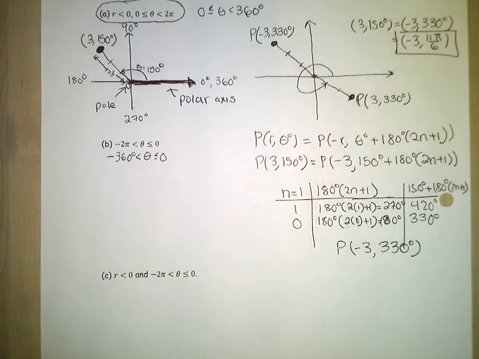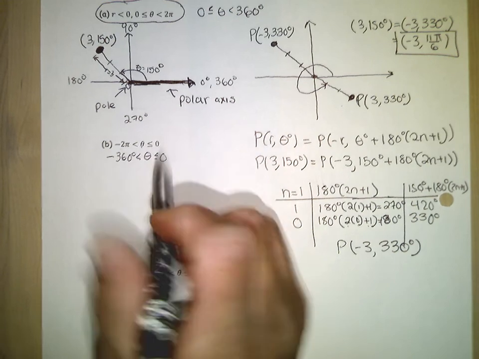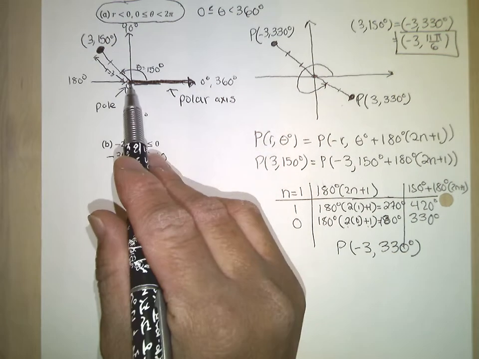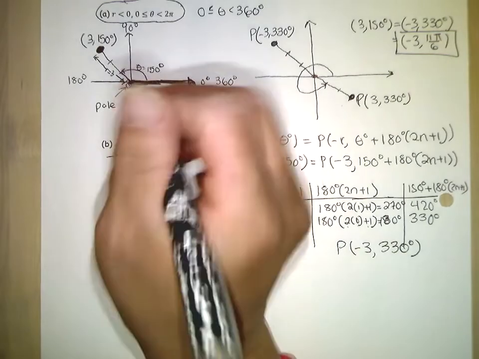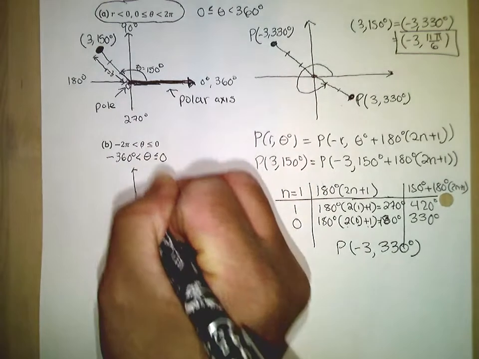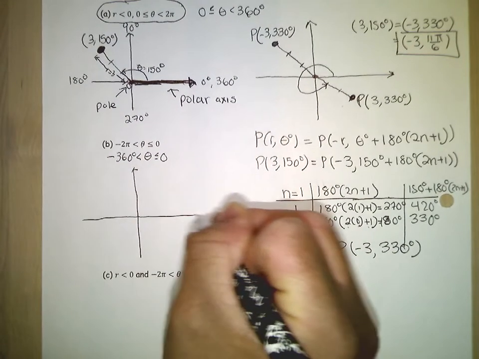Remember, another way to do this might be to look at this diagram and see how many degrees negative we could go around the axis.